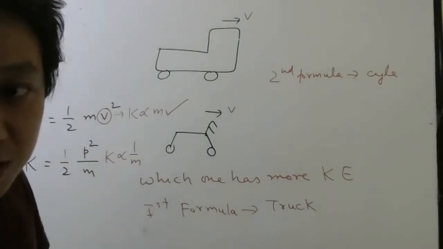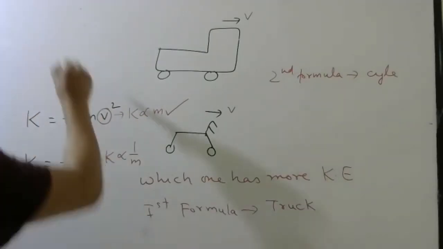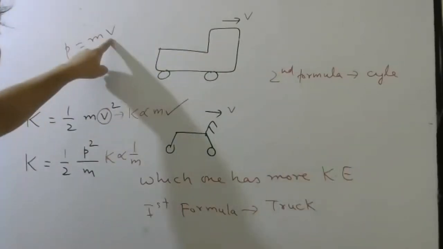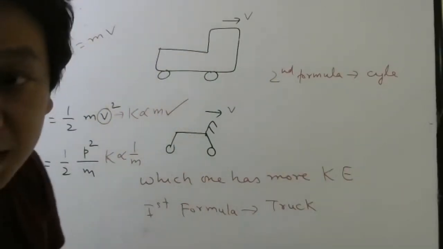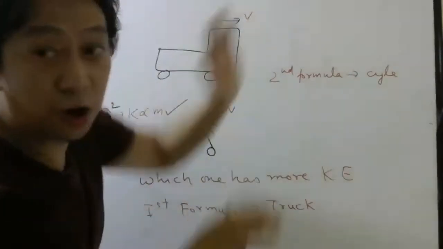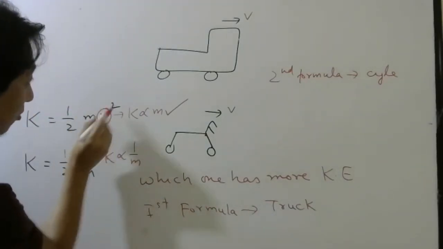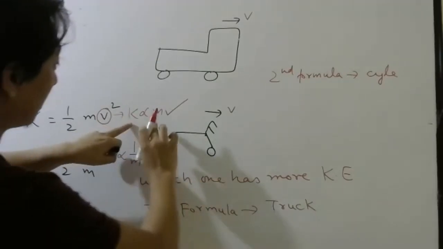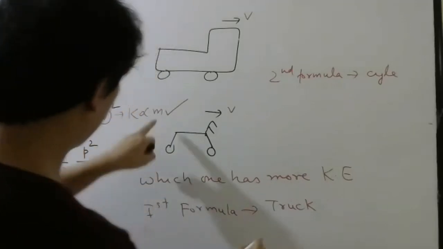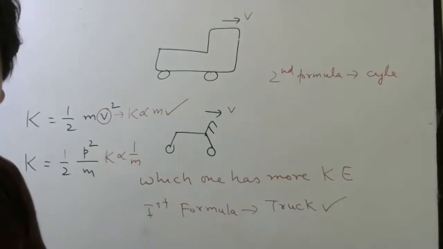Now momentum cannot be constant, because momentum is mass into velocity. Velocity is constant, but mass is different, so momentum will be different. So if the problem said the velocity of the two objects is the same, then you can say K is proportional to m. Then the one with more mass will have more kinetic energy. So the truck will have more kinetic energy.